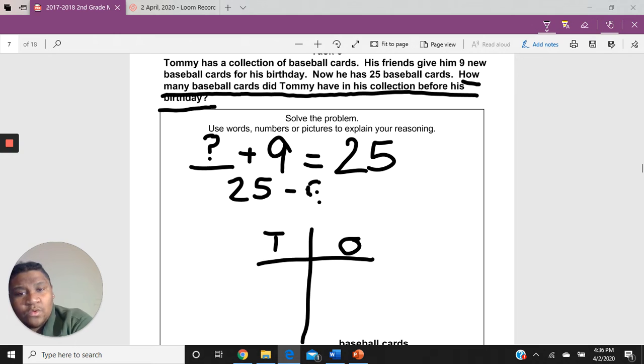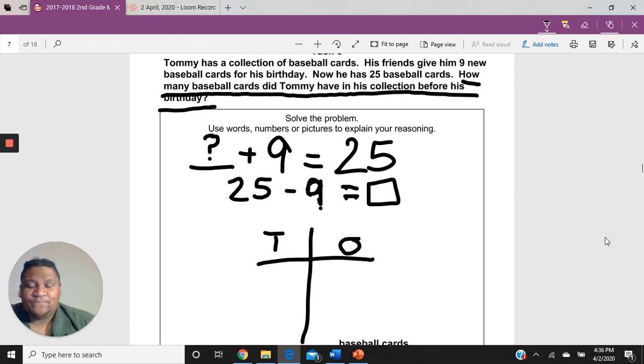Uh-oh. Okay. Equals. It's not letting me write like that. Let's see if I can do it with my mouse. Here we go. Equals what?